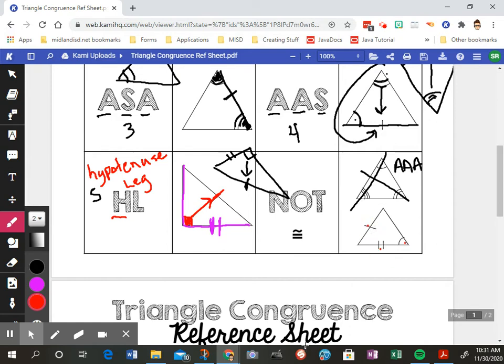Angle, side, side. We're not going to write bad words. So we're not going to do that one. You could also call it side, side, angle. We're not going to do that. We're not going to produce bad words, and we're not going to do two sides and an angle like that. Okay? Sound good?